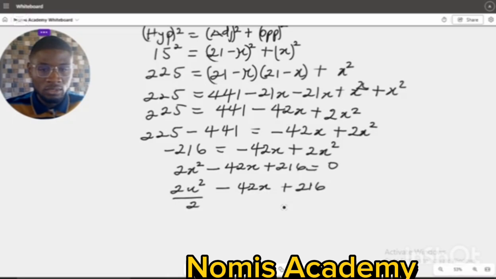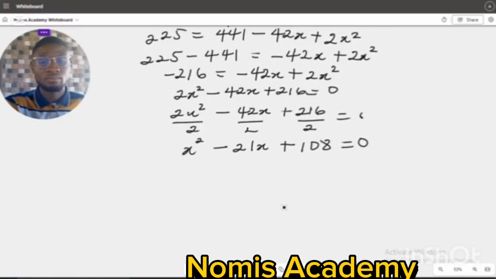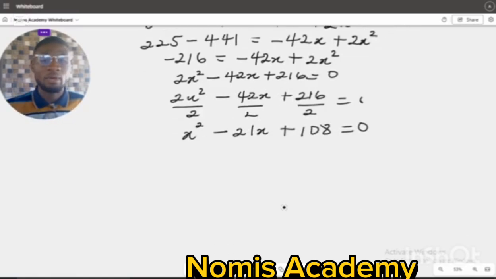So I can make it simpler so that it becomes x squared minus 21x plus 108. So we eventually end up having a quadratic equation: x squared minus 21x plus 108.